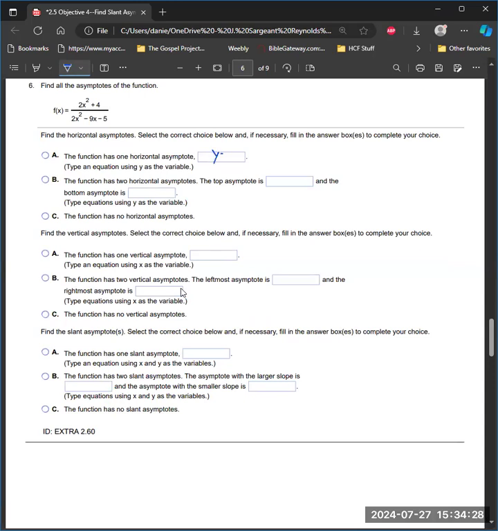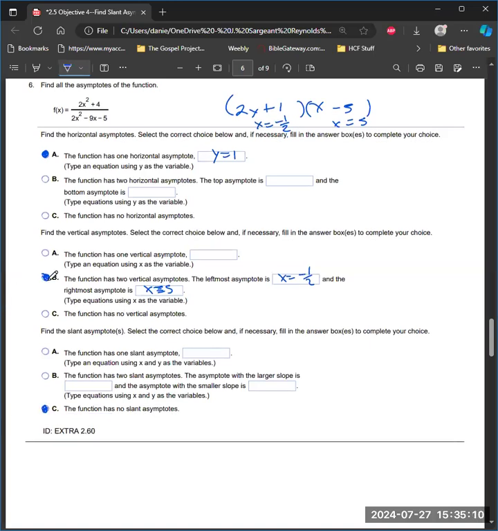Y equals 1 is the horizontal asymptote. Vertical asymptotes: 2x, x, -5, and +1. That gives me x equals -1/2 and x equals 5. Right, and then there are no slant asymptotes because they had a horizontal asymptote.